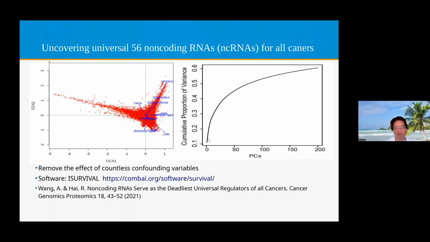Actually not. Components 1, 2, 3 account for maybe 10% of the variance, which means nothing. So I plotted up to 200 principal components and got only 0.6% of the variance contributed. Each PCA component is independent.